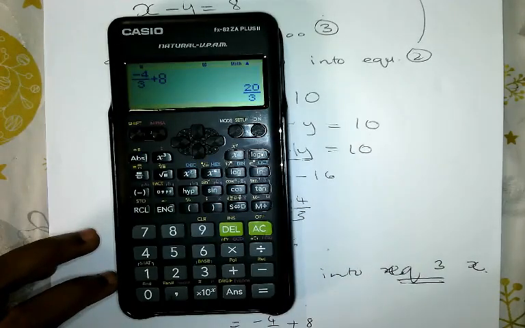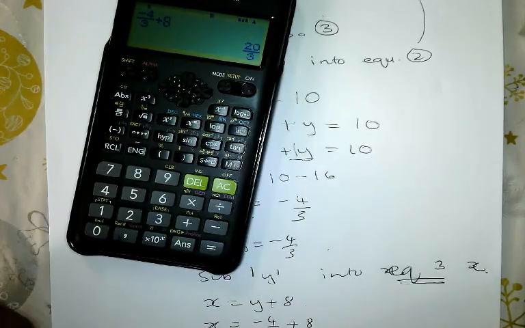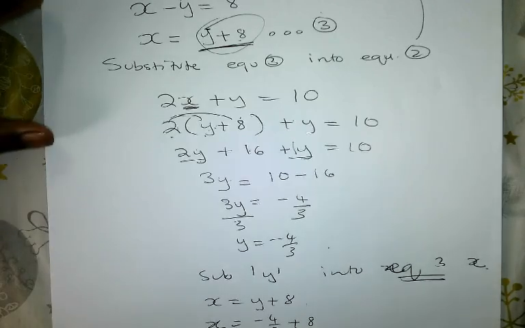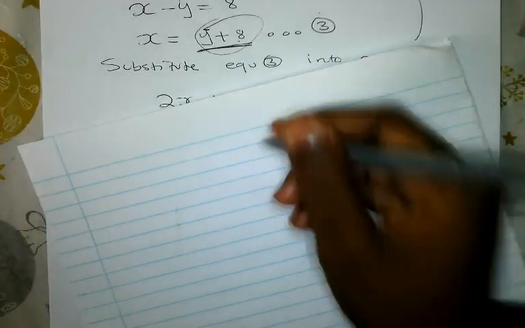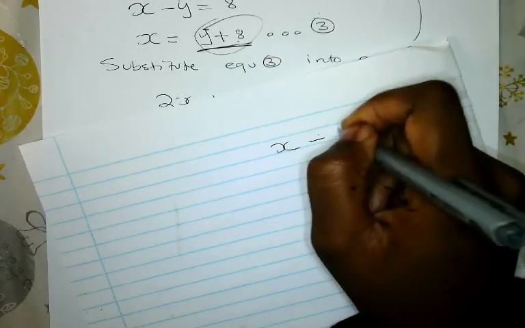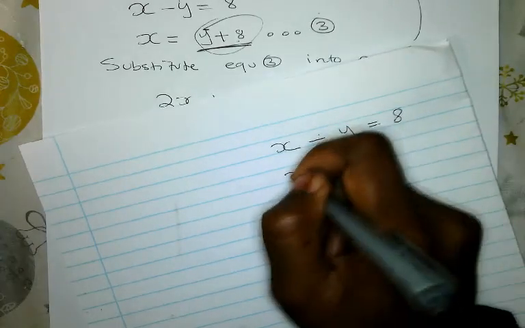Okay. Let me try the elimination method and see, because I think I might be missing something somewhere. So elimination method says you cancel the ones that are like, you cancel this one and that one.